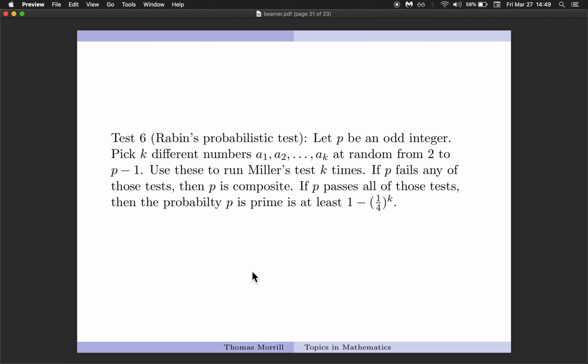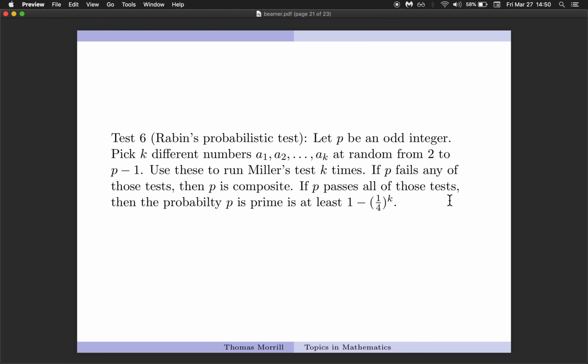So this is a test that we can make easier or harder depending on how much time we have for computation. We're going to use these different bases to run Miller's test k different times. If p fails for any of those tests, even a single one, that means that p is definitely composite, and we have failed the test.